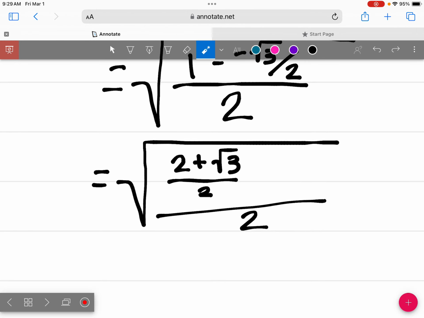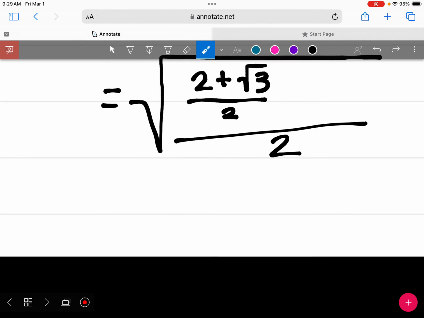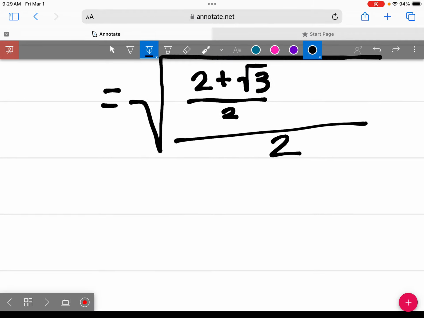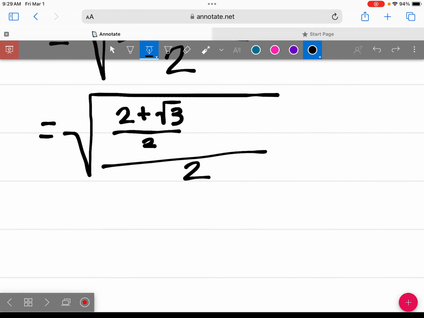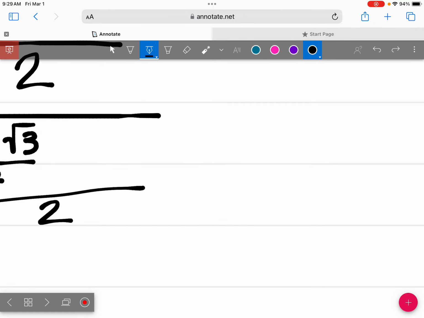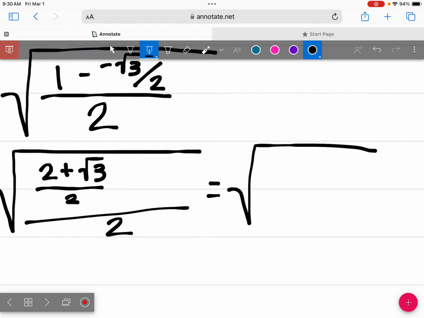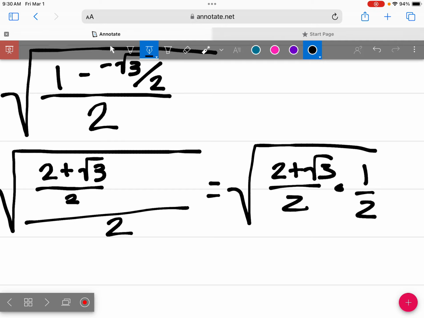When we take our 2 plus square root of 3 over 2 and divide it in half, what's our new denominator? Like when we simplify this, the fraction divided by 2. It's going to be 4 in the denominator. If it helps, you can also write it out. I'll write it over here as the multiplication style, 2 plus square root of 3 over 2 times 1/2, if that helps us spot what's going on here.